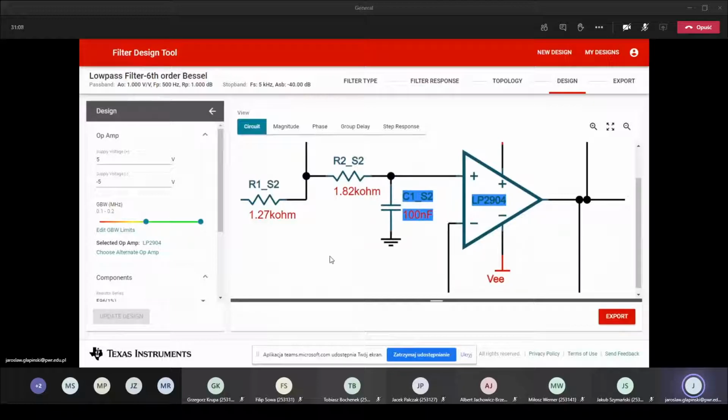Do you have any questions about the filters? Okay, no. So we close the filter.